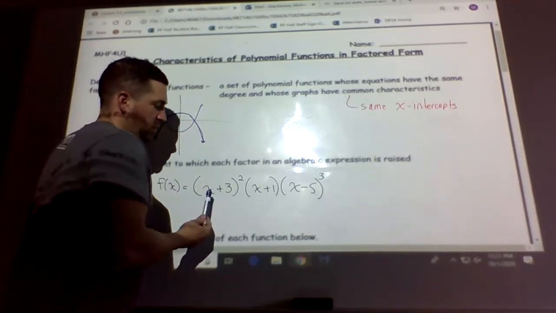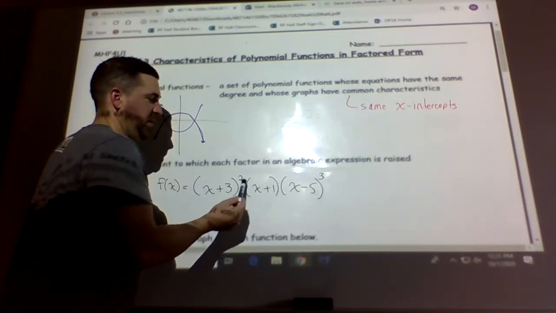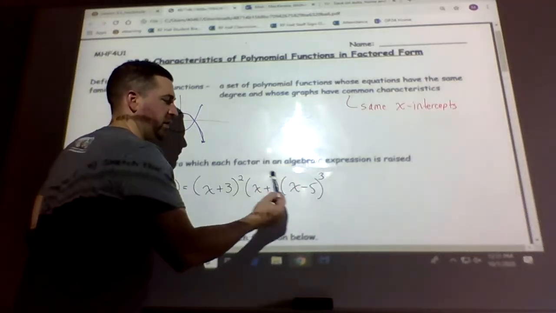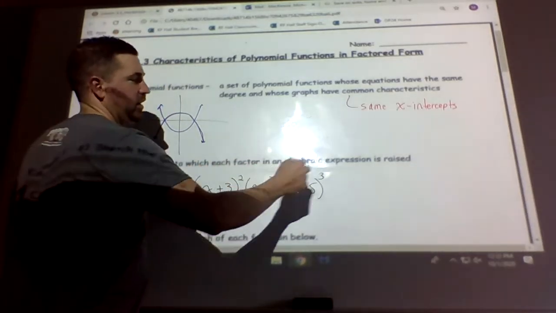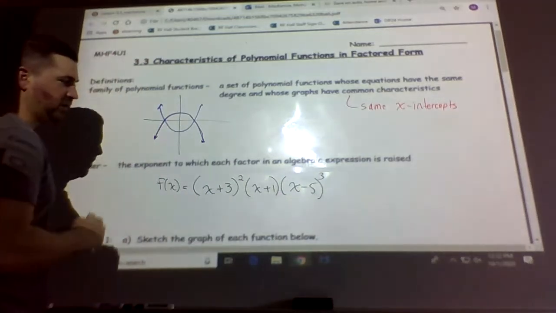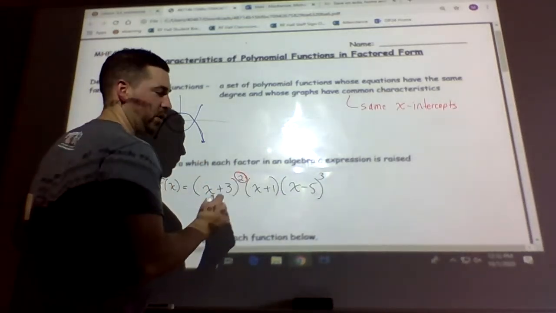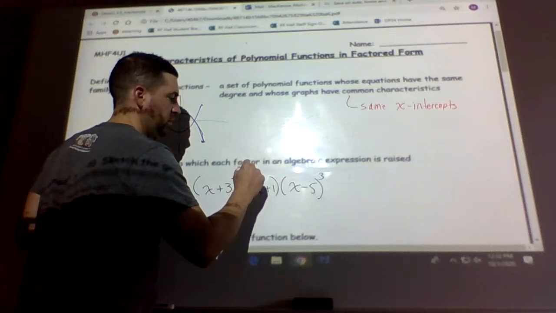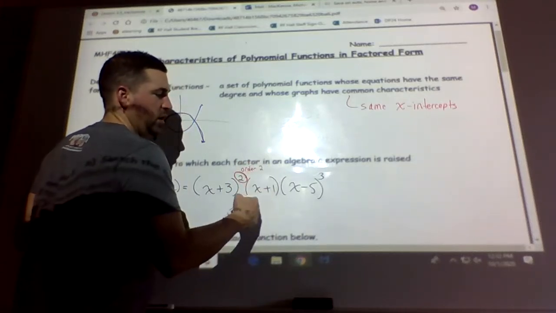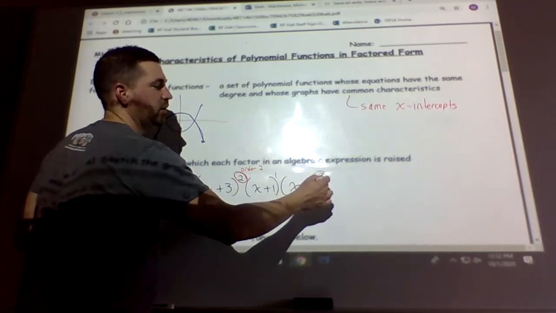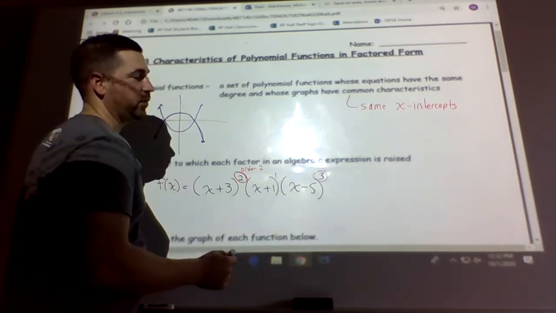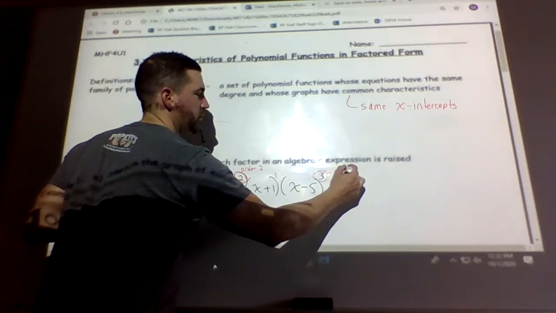The order is the numbers, or the exponents, at the top here, the exponent to which each factor is raised. So this one here is an order of 2. On top of this bracket it would be 1, so the order of 1. And this one here, 3, is the order of 3.